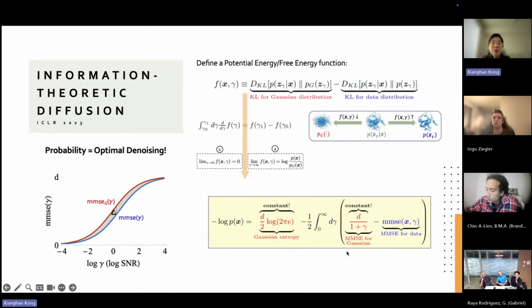They are just constants through this noising and denoising process. They don't shift or change. So in some sense the MMSE terms cancel out, because you have two of them and it's a difference between the two.